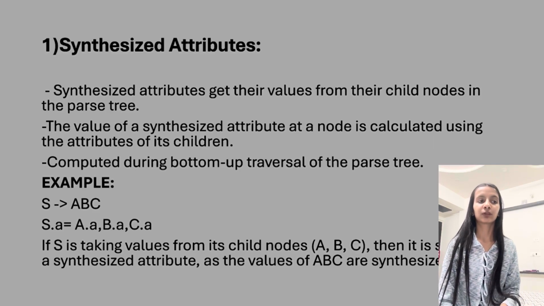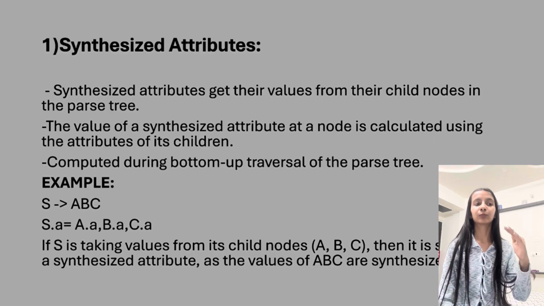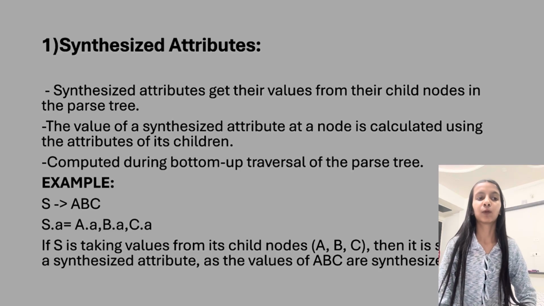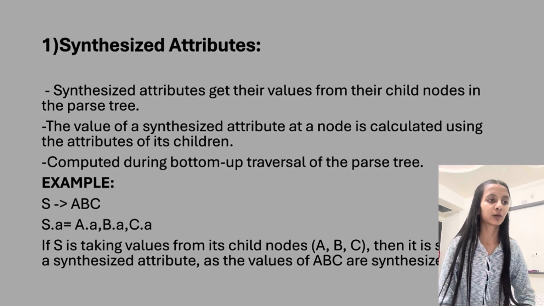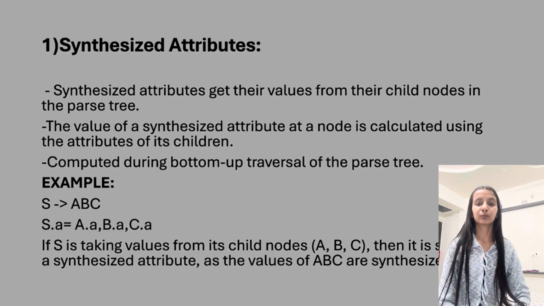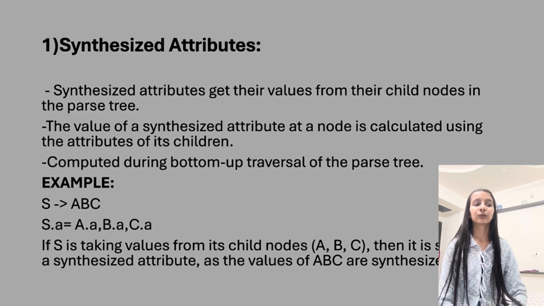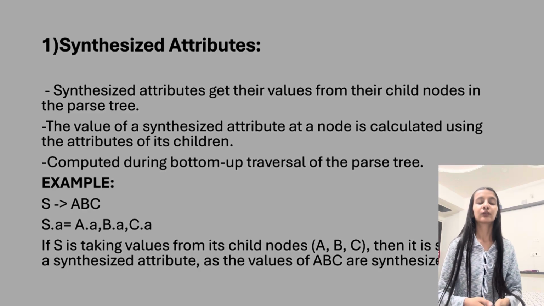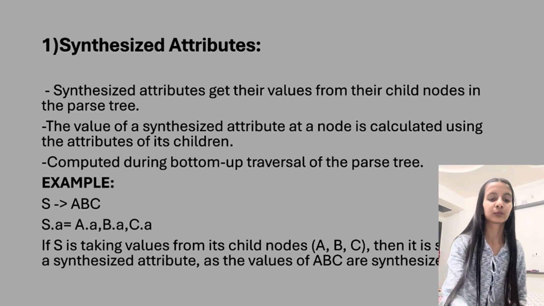It is very important in the synthesized attribute that it travels from bottom to top, not top to down. So let us see a simple example. Here the grammar is given that S gives A, B, C. So S is the parent and A, B, C are the children. So S can take the value from A, B or C because they are its children.